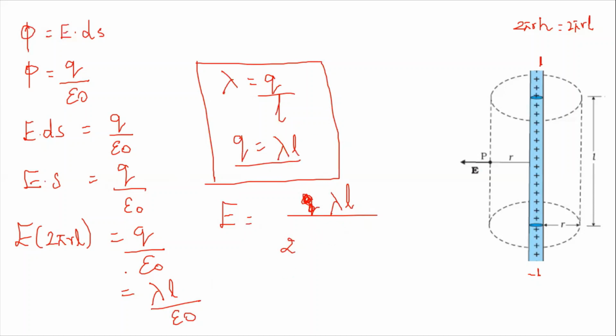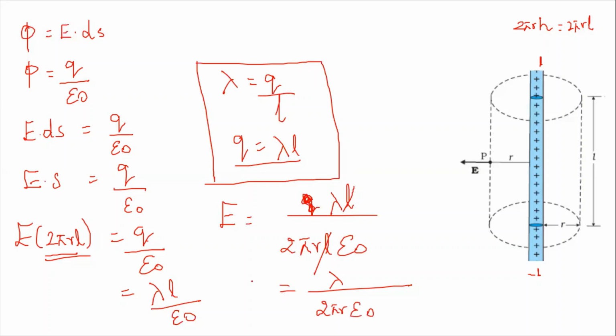Lambda L by, bring this 2 pi RL to the denominator, and keep the epsilon naught as it is. L and L will get cancelled, so you will get lambda by 2 pi R epsilon naught.